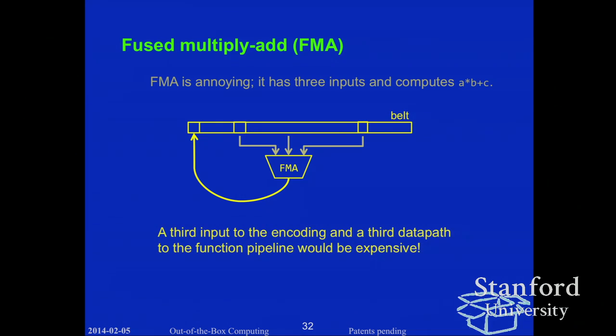In fact, adding a 3rd input into the encoding and into the data paths to the functional pipelines would be really expensive, and fundamentally you don't want to do it. Every machine that supports FMA has to deal with this, and the contortions that it uses are extreme. If you want to get into the details, feel free.